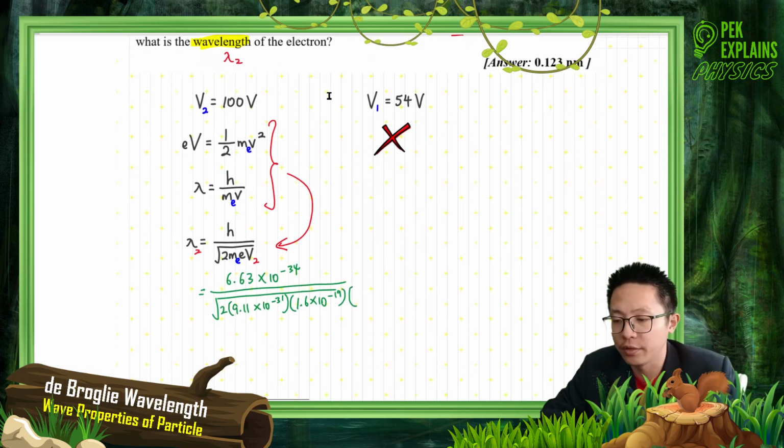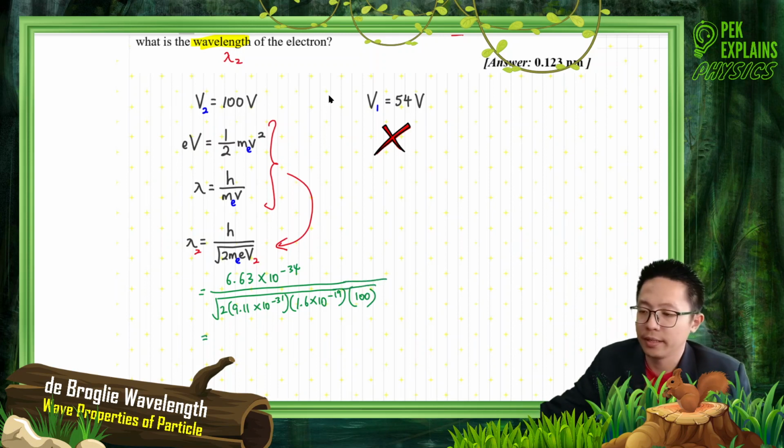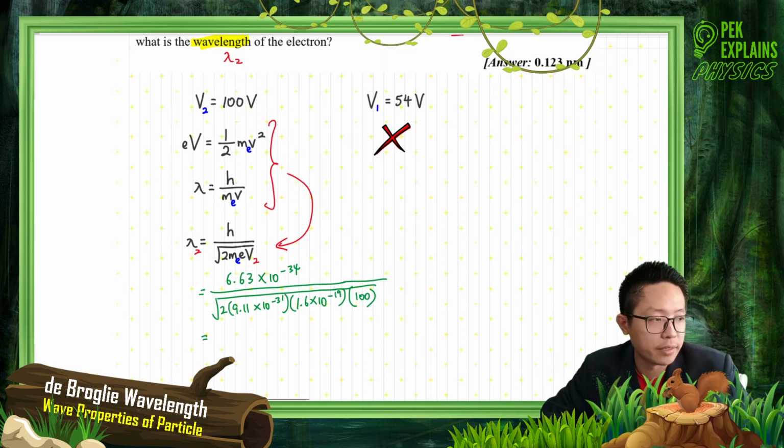So just put in the 100 volt there. Now I can find the wavelength. Let's calculate.